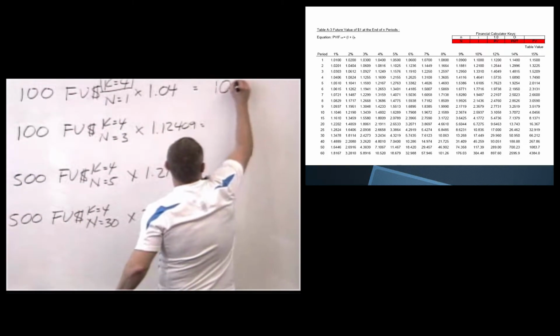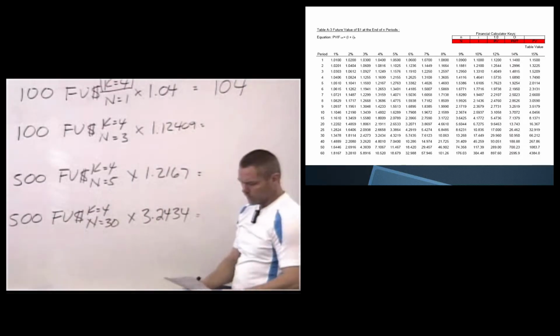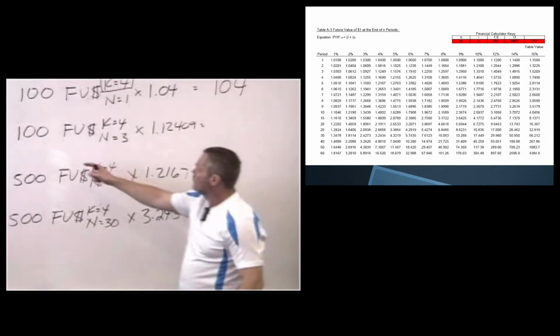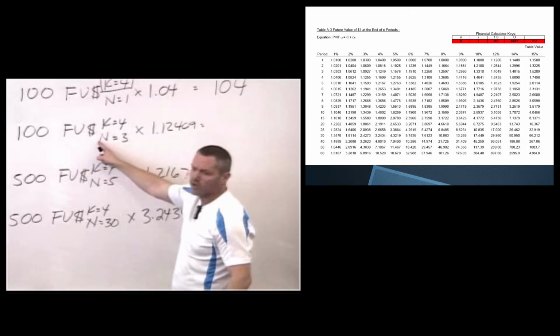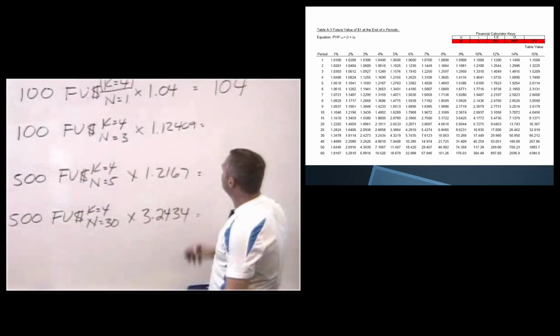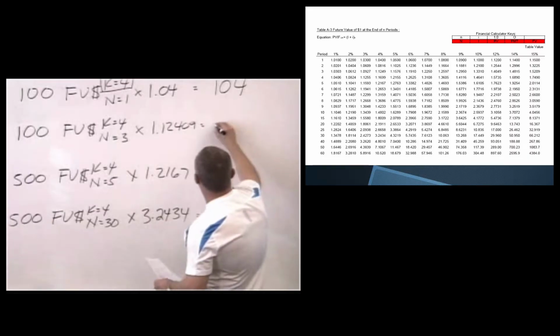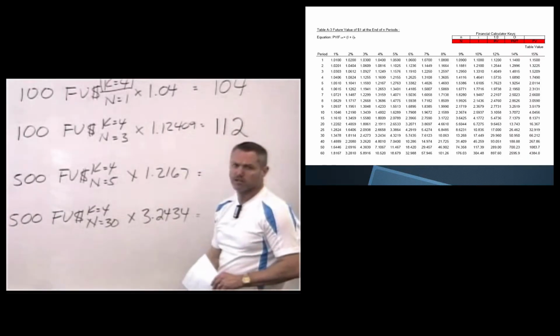Your utilities next year are going to cost you $104. 3 years from now, we got the exact same issue. $100 times future value of $1, K equals 4, N equals 3, times that factor, 1.12409. That's going to get us $112 for your utility expenses.